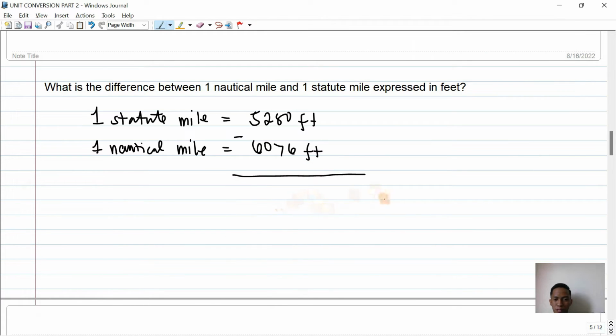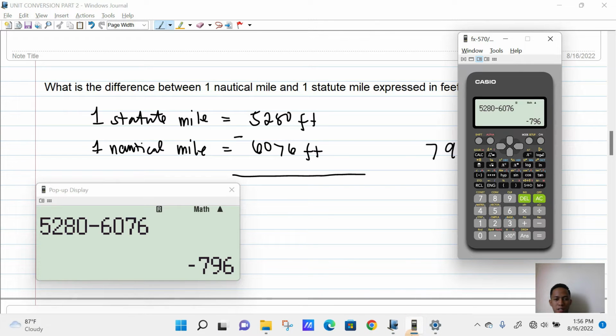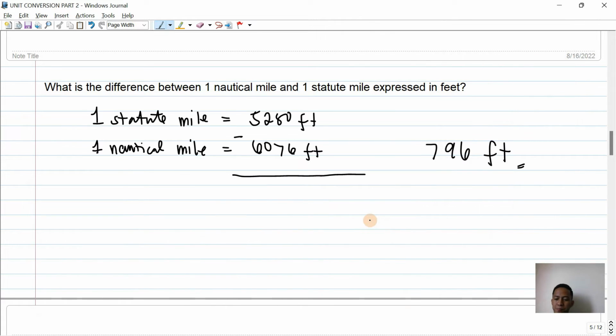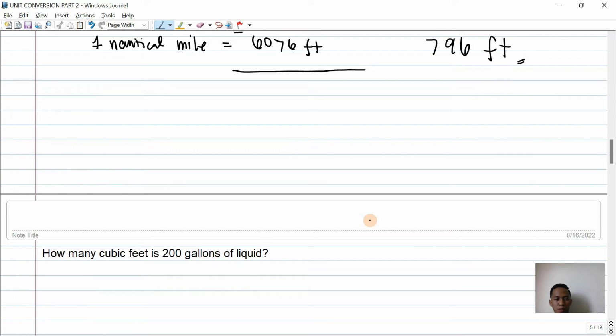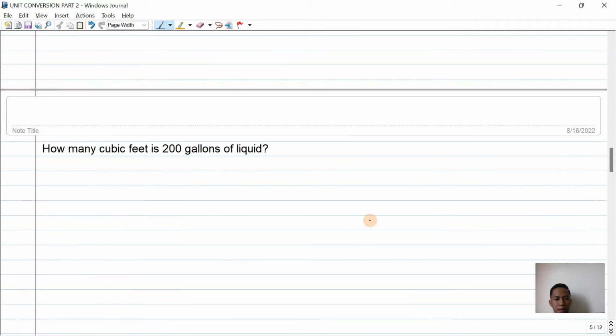Okay, so absolute value na is, yung difference niya is 796 feet. Naging positive kasi pinagpalit na lang natin so that we can get the positive value. So that is 796. So let's proceed to our next problem.